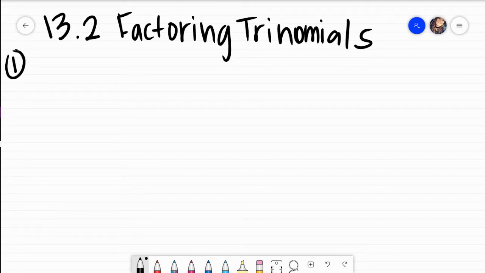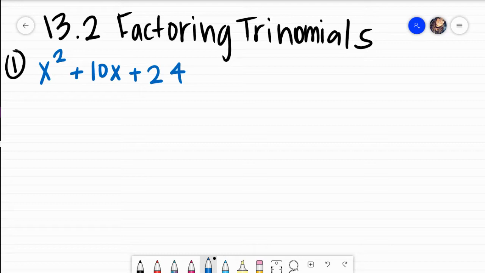And it is actually the trinomial x squared plus 10x plus 24. So what we do when we factor trinomials, I know this is a trinomial because it's in the correct form.